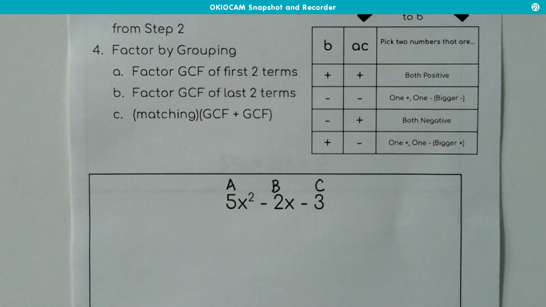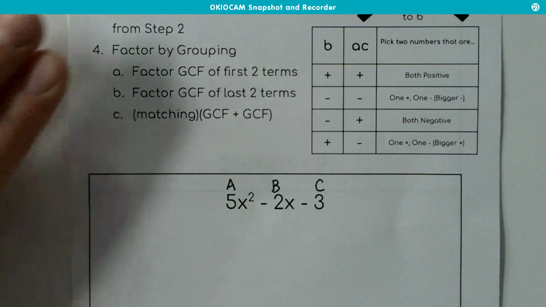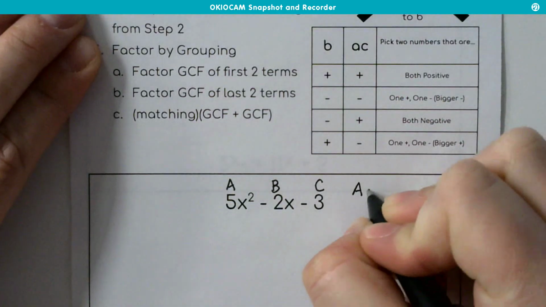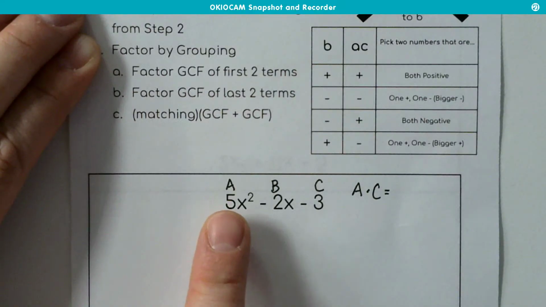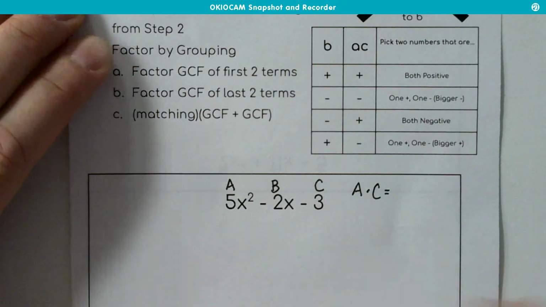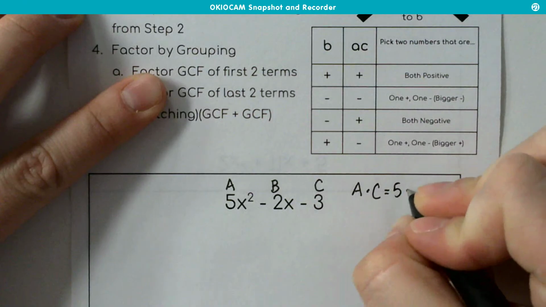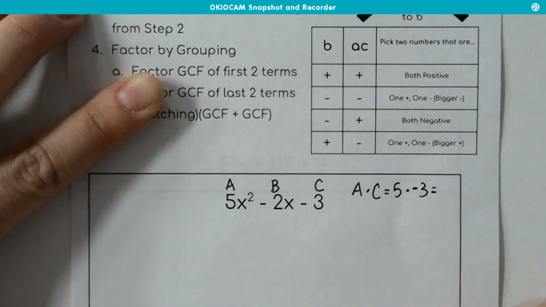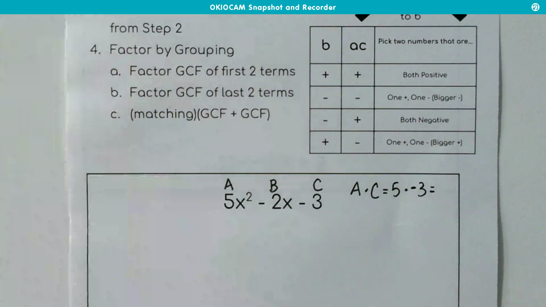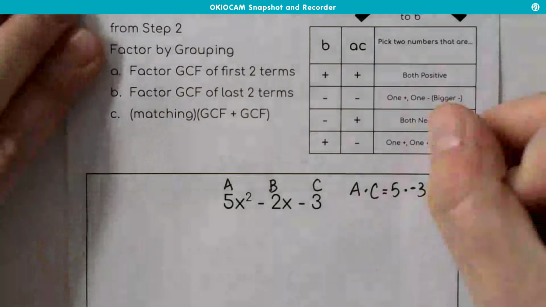So our first step, step 1, is to multiply A times C. Over here, I'm going to write A times C so I remember what I'm doing. My A is 5, my C is -3. So 5 times -3, and 5 times -3 is -15.